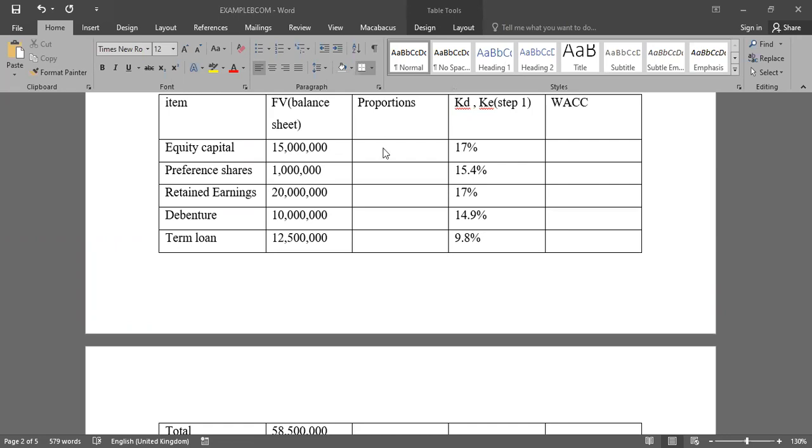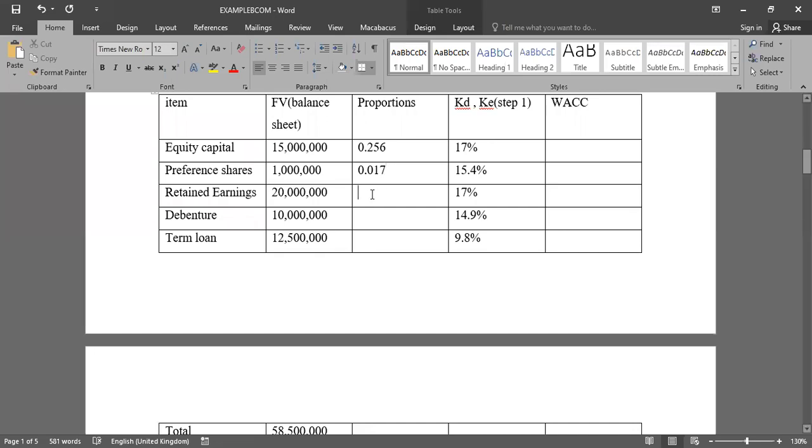So it is 15m divided by 58.5m, and you have 0.256. You can use 3 decimal places or 4, depends on you. Then the next one is 0.017.